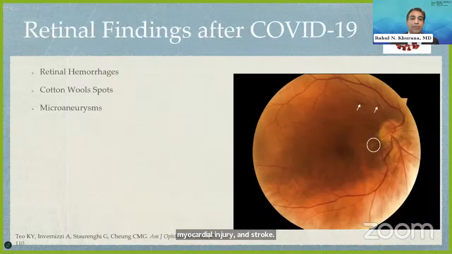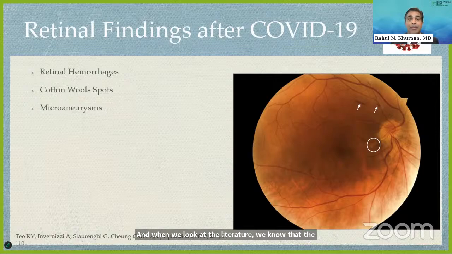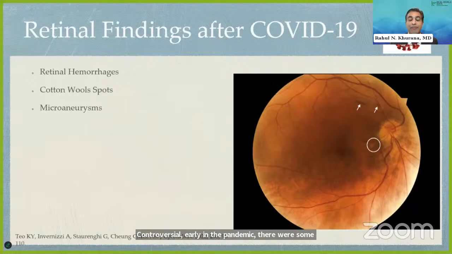And when we look at the literature, we know that the retinal findings of COVID-19 have been a little controversial. Early in the pandemic, there were some erroneous OCT findings in normal patients that were later found to be not really pathologic. But since then, there have been some literature reviews, and there was a recent paper that showed a nearly 9-fold increase in retinal microvascular disease, such as retinal hemorrhages, cotton wool spots, microaneurysms.